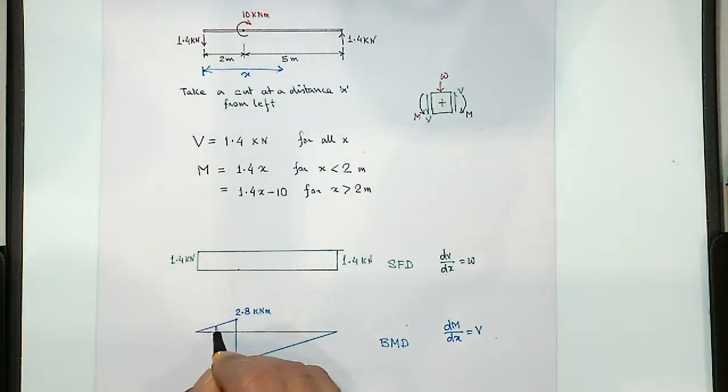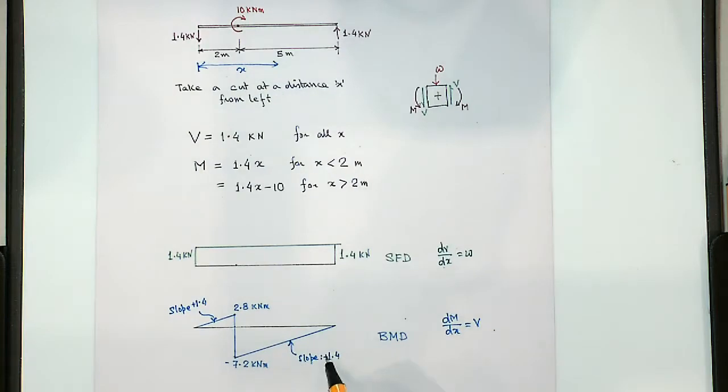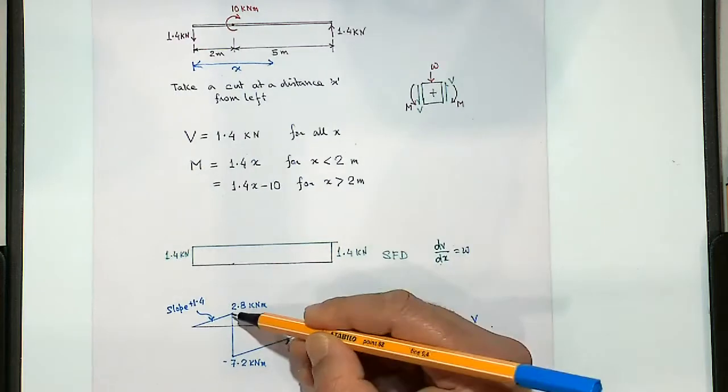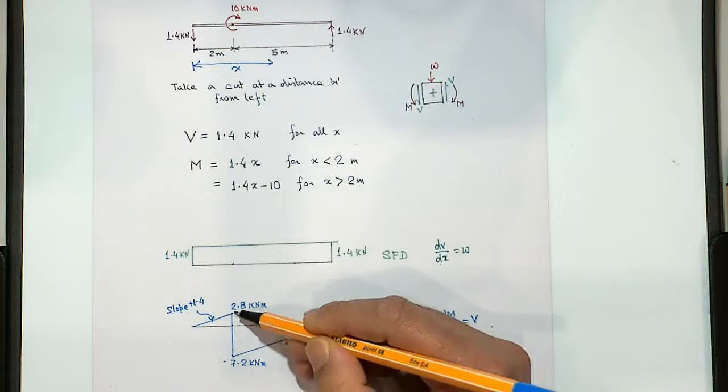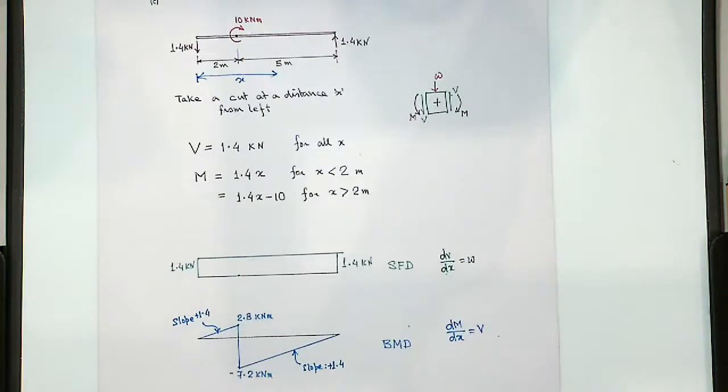So this slope is 1.4, and that slope is also 1.4. So the same as the shear force. In particular that's a positive 1.4. Okay, so dM/dx is V, so the slope does not change. And here the bending moment changes because of this 10 kilonewton meter moment acting at that point.